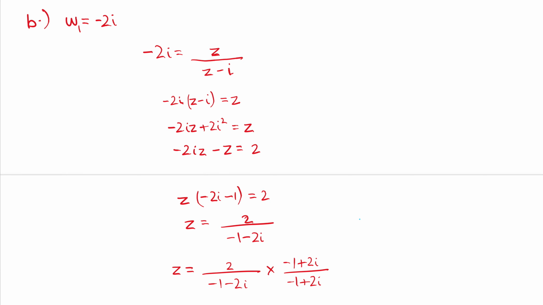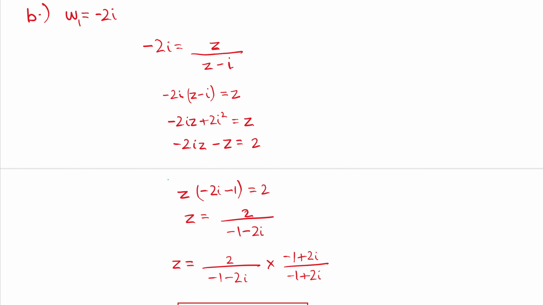So from here we can replace w1 with negative 2i. So negative 2i is equal to z upon z minus i. From here we can move z minus i and multiply it with negative 2i. So if we multiply, this will give us negative 2iz plus 2i squared, and this will equal z.